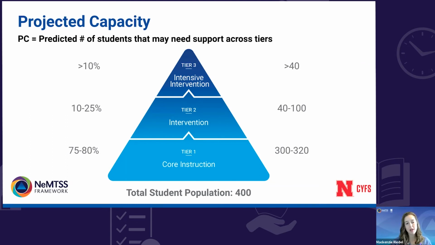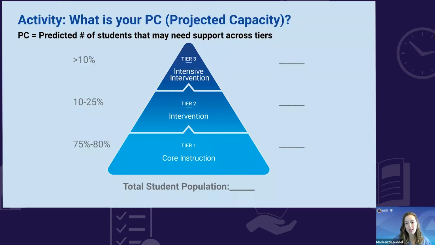Ideally, if our systems are strong and they're supporting students where they're at, these numbers would meet where our serviceable base rate is. But sometimes that doesn't always happen. So on the next slide, we just have a blank image of the previous slide. You can pause the video and fill this out for your population.